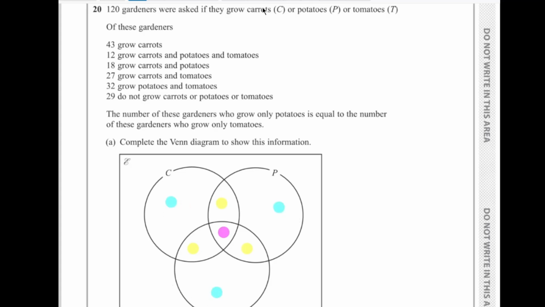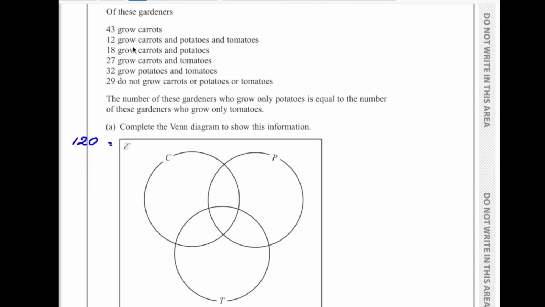After that, this outer part. This is how we fill the details. So let's start filling into the Venn diagrams. So first one is 120 gardeners. Here, the total gardeners 120. After that, we are done with total gardeners.